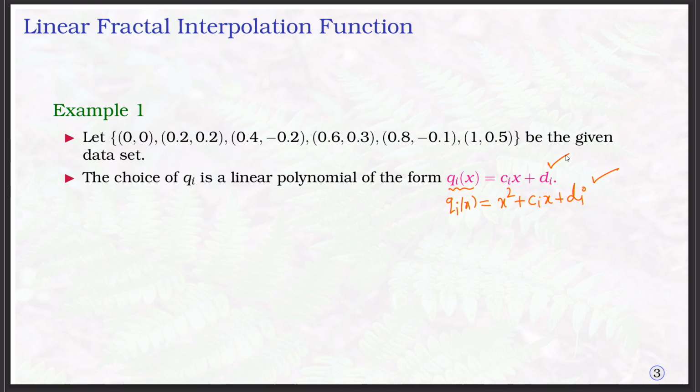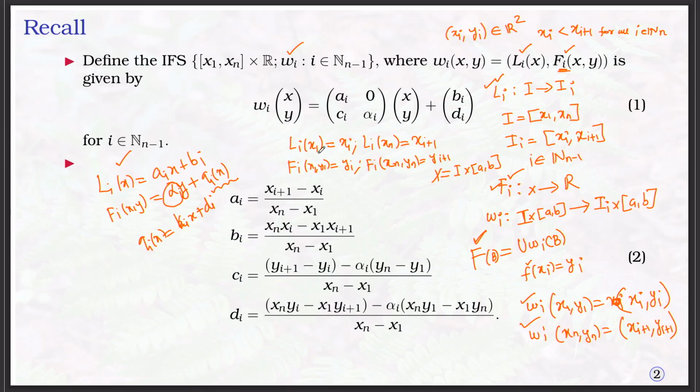If you take qi like this one, it is called the linear interpolation function. As I mentioned earlier, here we are taking the coefficient of x squared as 1 particularly, but in general the quadratic polynomial is some constant ki x^2 + ci x + di. Here Li(x) and Fi(x) satisfy the endpoint conditions, and based on these we obtained these parameters.